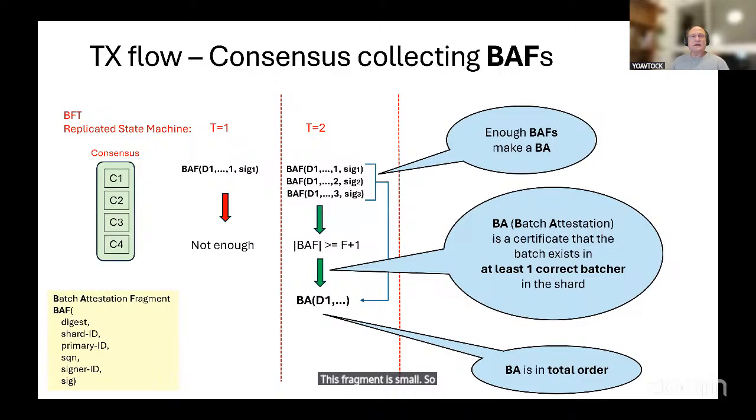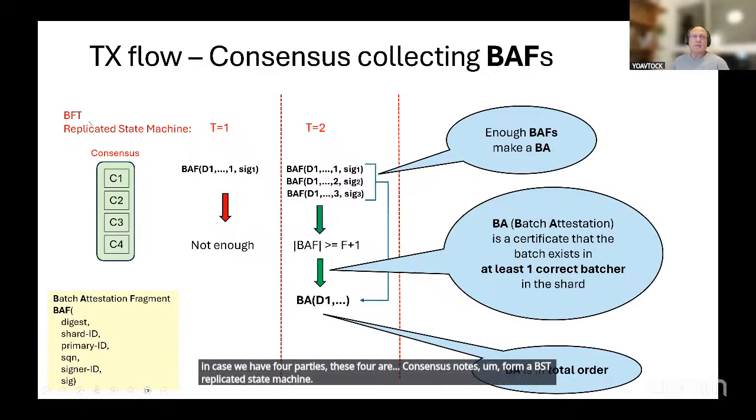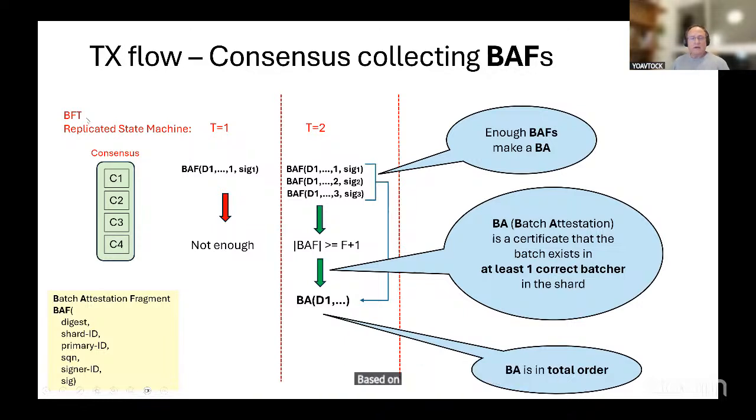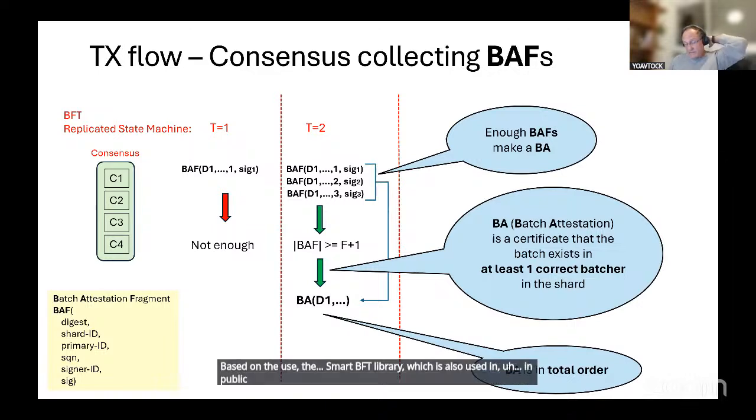So now let's take a look at what happens at a consensus cluster. First of all, in case we have four parties, these four consensus nodes form a BFT replicated state machine based on the SmartBFT library, which is also used in Fabric v3.